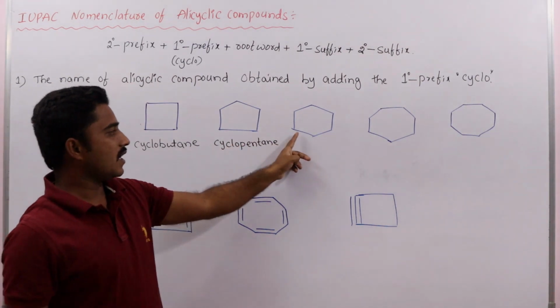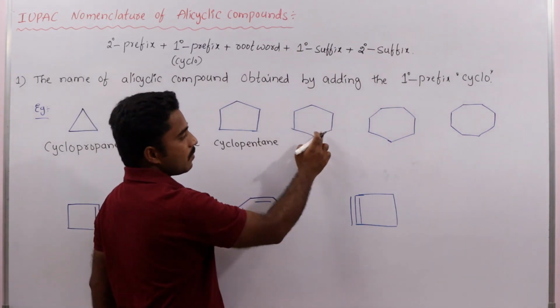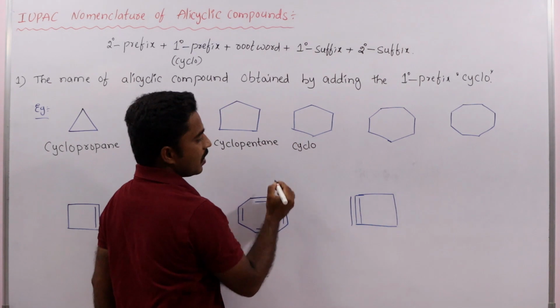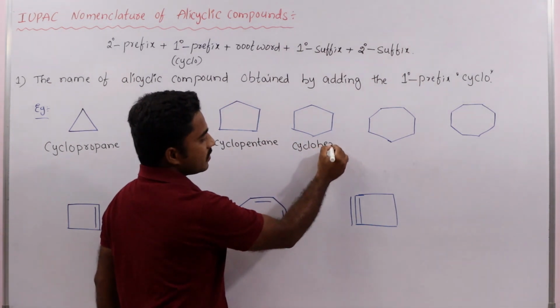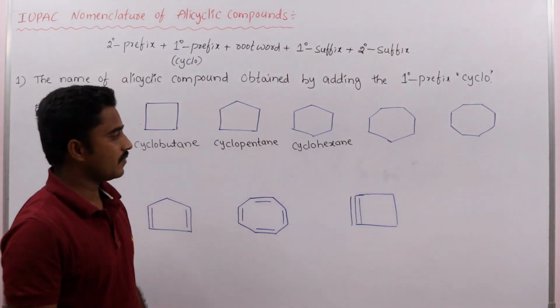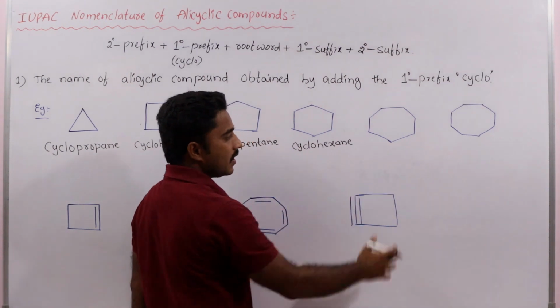Next here 6 carbons, a 6-membered ring. Then we use cyclo before the root word, hex is the root word, ane is the primary suffix: cyclohexane.